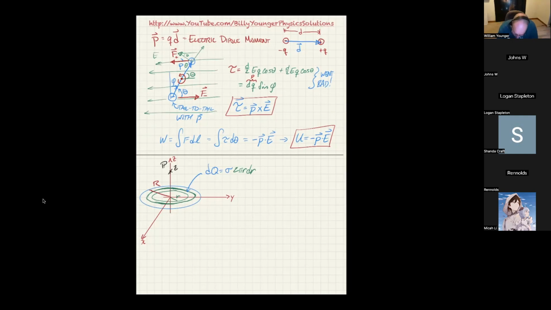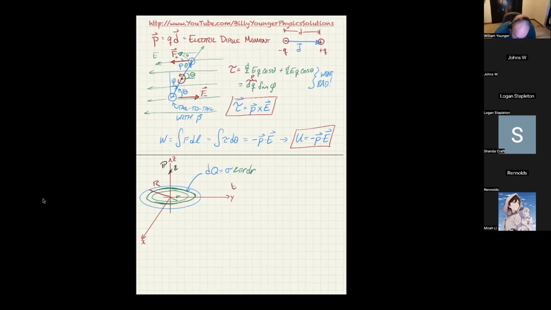So that's my dq. Now, the weird thing is there's an infinity of vectors that point to dq, so using r_P minus r_dq doesn't really work out that well. But what I do know is the electric field due to that will all be pointing upward, because the x components will cancel out, and the y components will cancel out, like I showed you before.